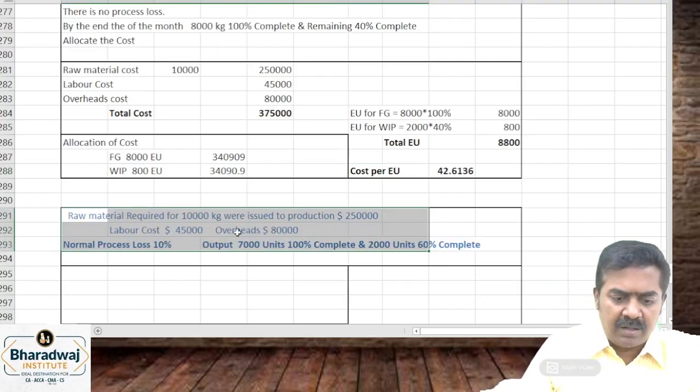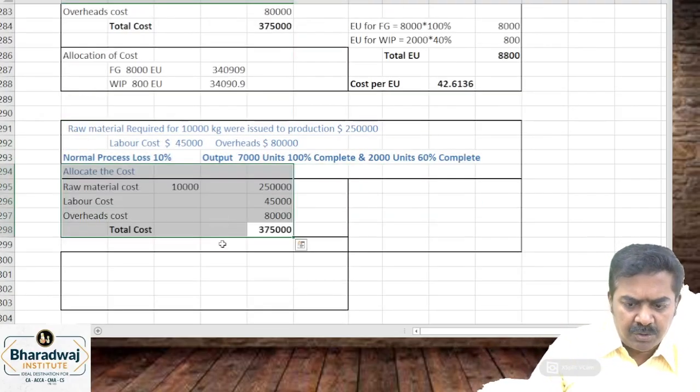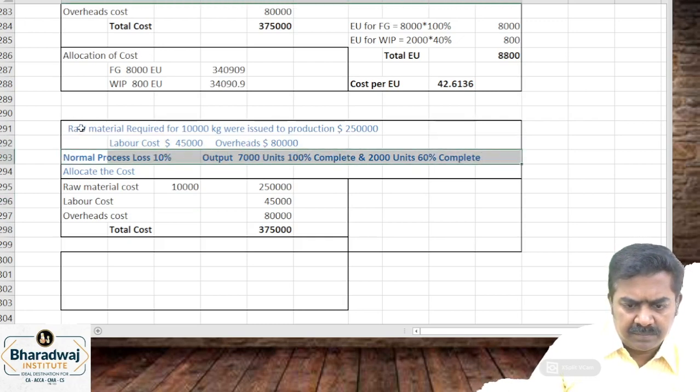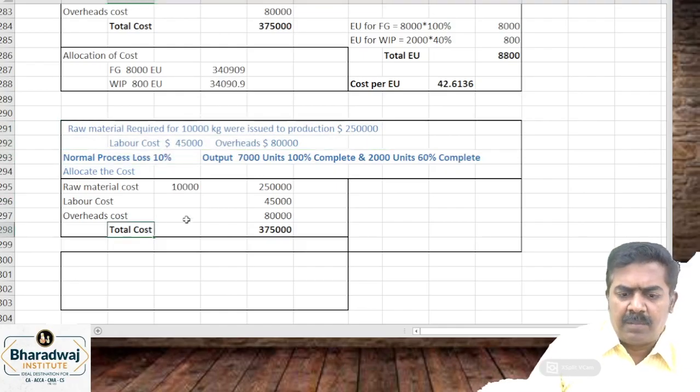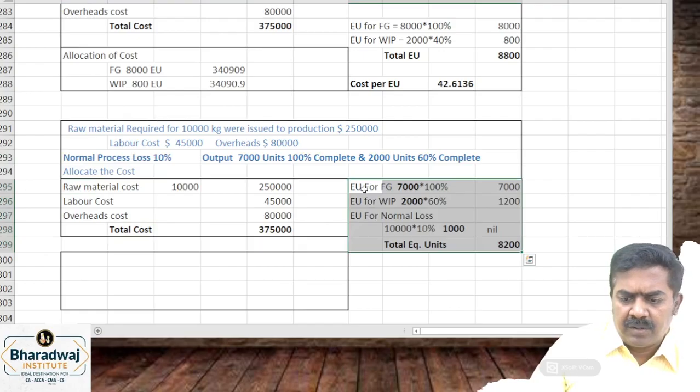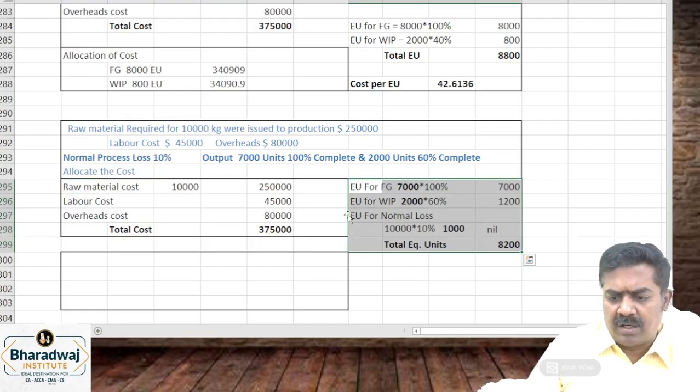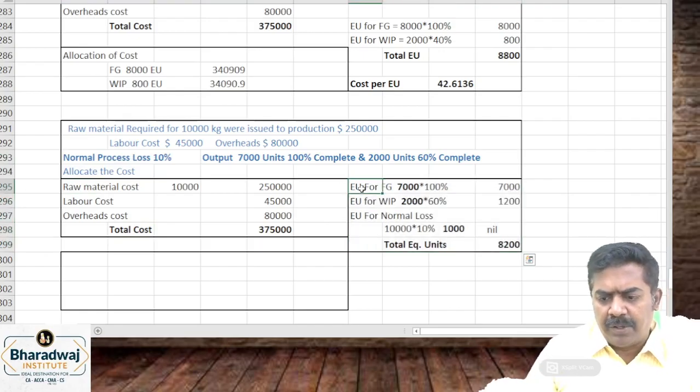So if you look at this also, we have done it in the last class. With the normal loss. Normal loss is unavoidable. So equivalent units for finished goods: 7,000 into 100%.